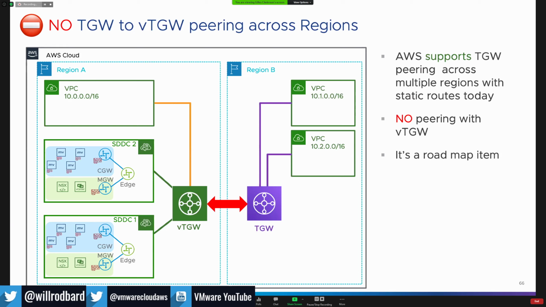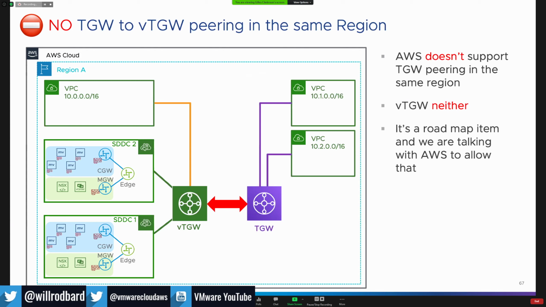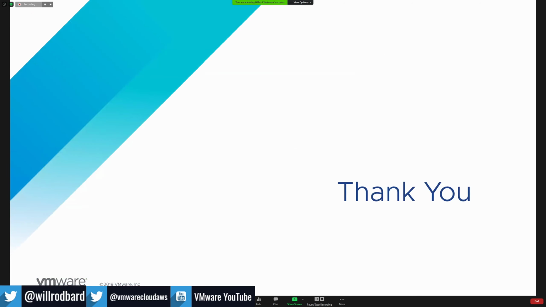It will come later. And the second one, even more interesting, is to peer transit gateways in the same region. So today, AWS does not support it, and VMware Managed Transit Gateway, of course not. And it's also a roadmap item that we are looking at and working with AWS on. And that's all I have for you.